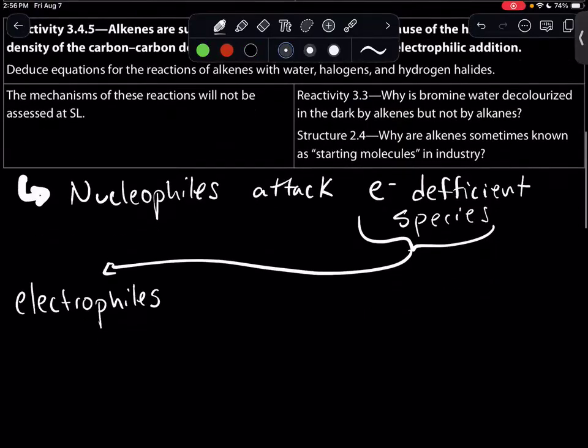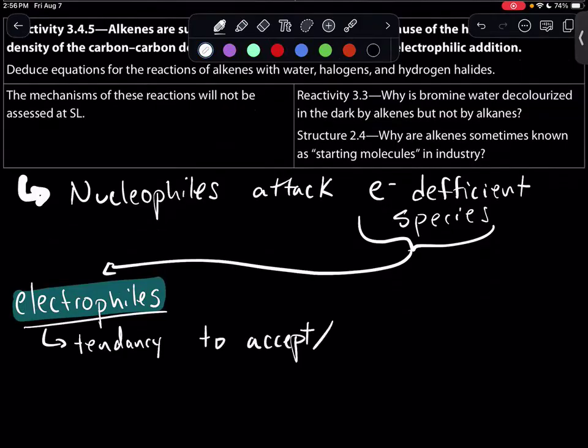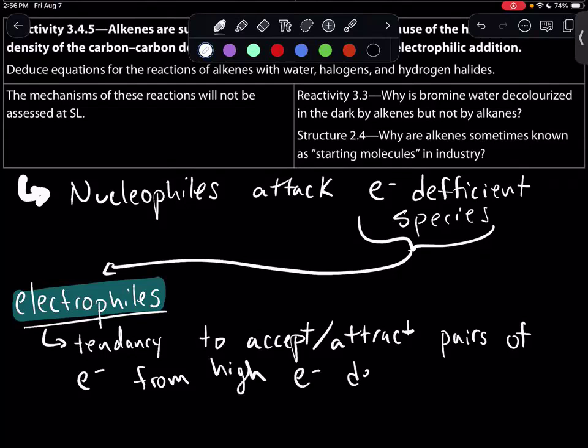Now, electrophiles basically have a tendency to accept or attract pairs of electrons from high electron dense regions.